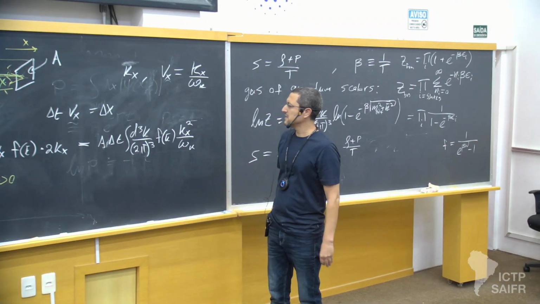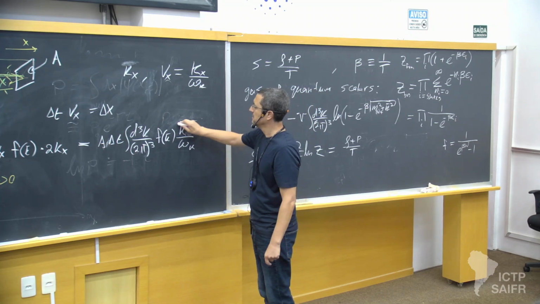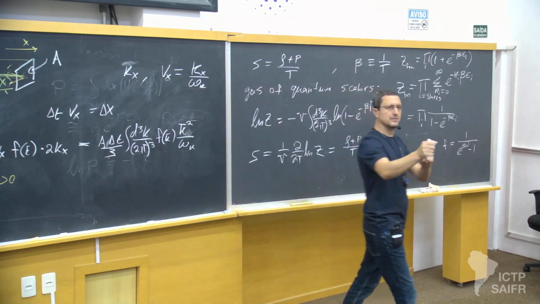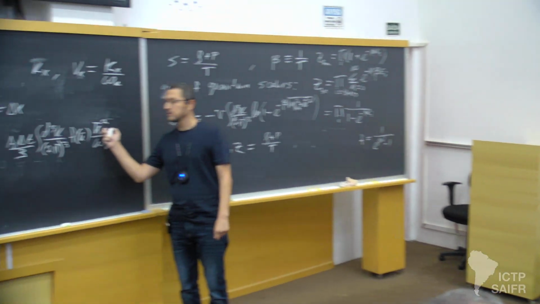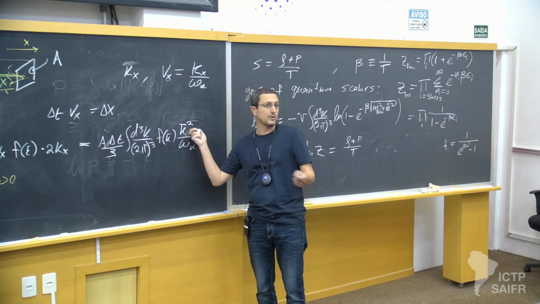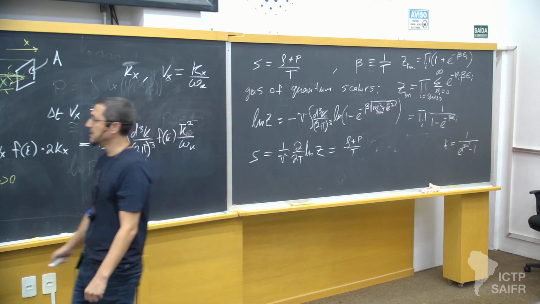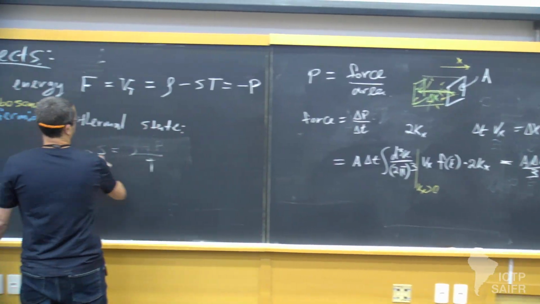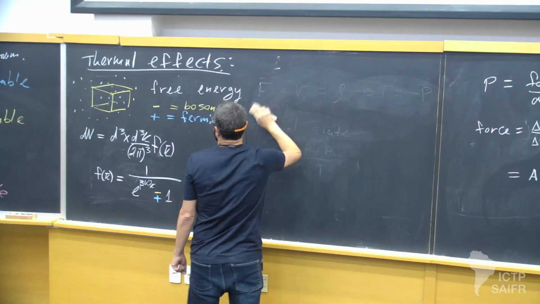Just to make my life simple, let me sum on all components and divide by 3. The average of the pressure in all directions is the same, right? So now this is kx squared plus ky squared plus kz squared. All of them give the same result, and I divide by 3 to compensate. And I'm done. And I can write what my pressure is.